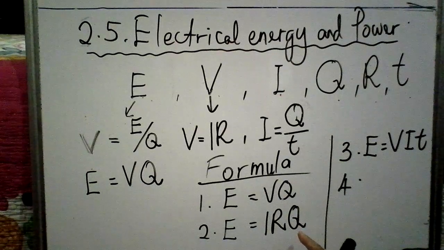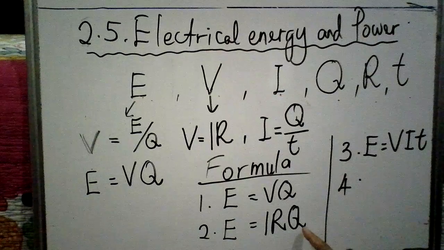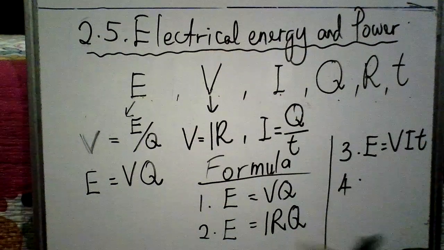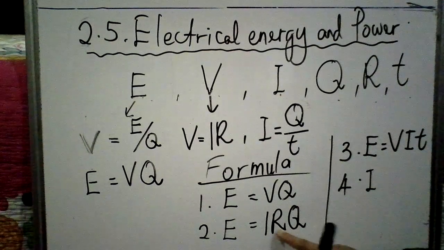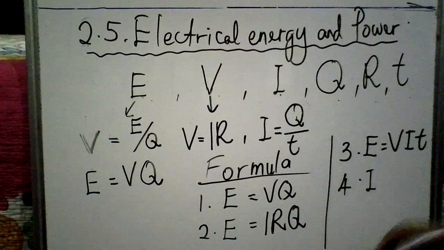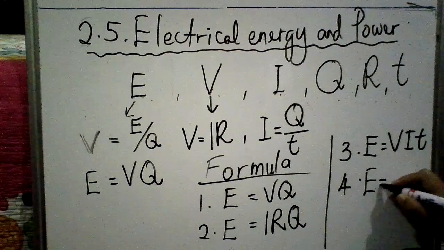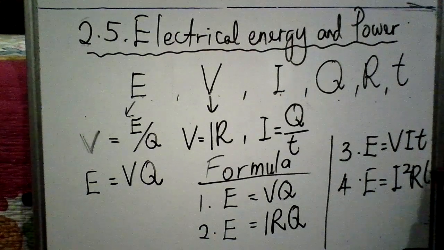If you substitute IT here, you will get E equals I R times IT, meaning you will get E equals I square RT.